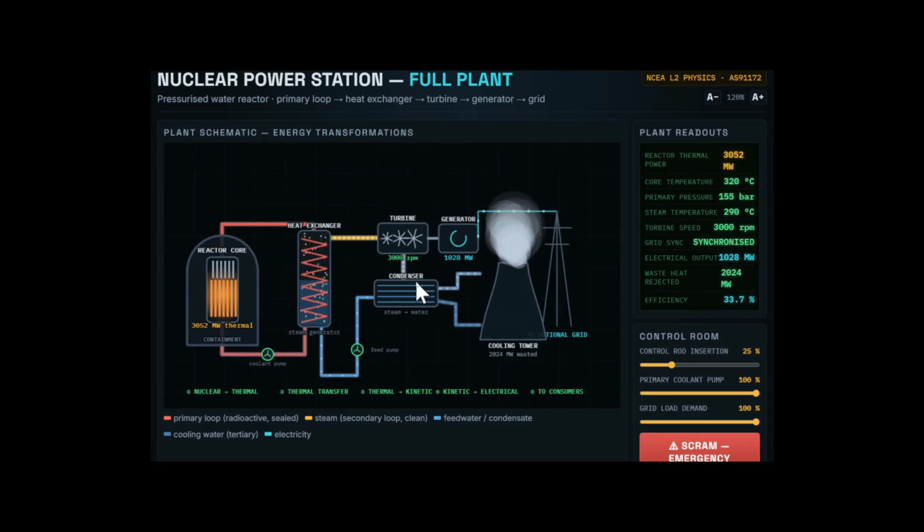That water has to go somewhere, so it's condensed back into water. Some of it is sent here into the water cooling tower, which you'll see quite often in nuclear power stations. Quite a lot of people think that the cooling tower is the nuclear reactor. No, the cooling tower is exactly what you think it is. It's a cooling tower.